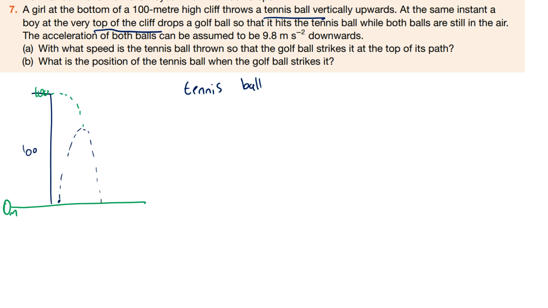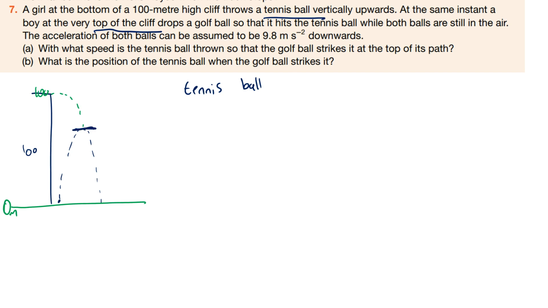We could calculate the speed, but that's a bit challenging. I think the best thing to know would be the time, and the only way to know the time is to know the displacement, the point where these two things collide with each other. So we need to work that out.